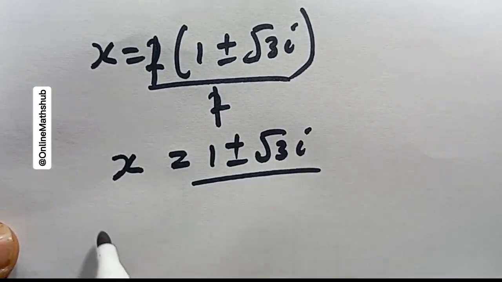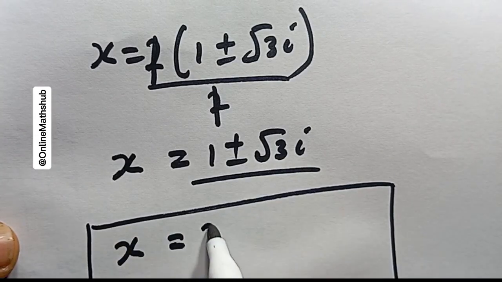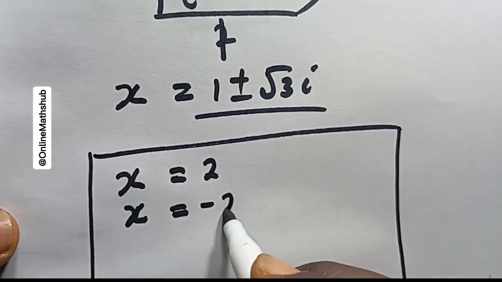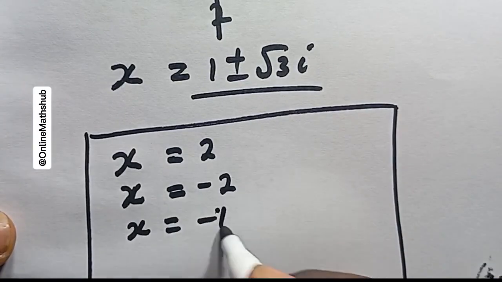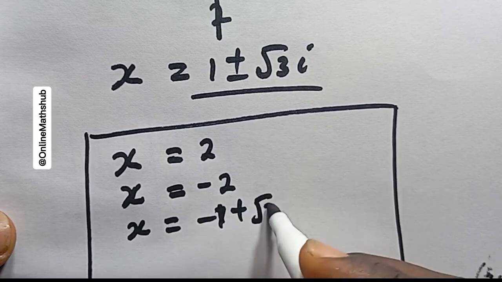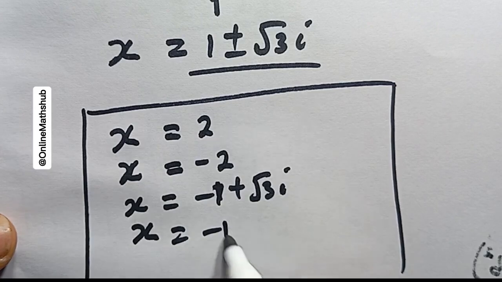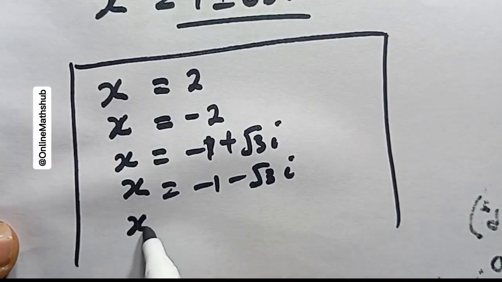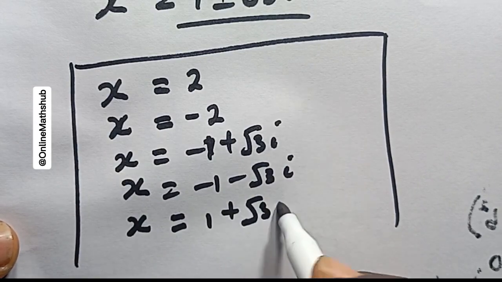If we bring everything together in this box, we see that x is equal to 2, and x is also equal to negative 2, and x is equal to minus 1 plus root 3i. x is also equal to minus 1 minus root 3i. x is equal to 1 plus root 3i.